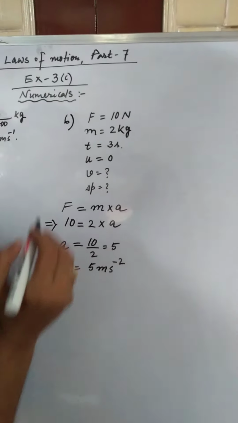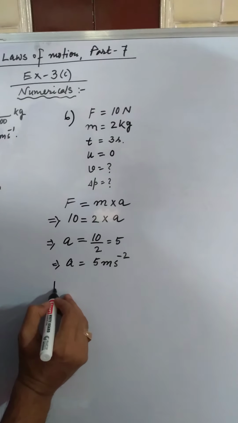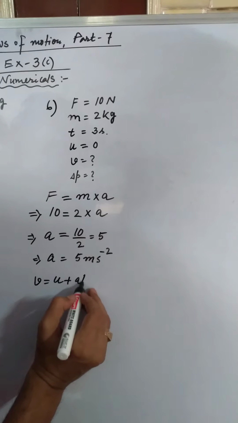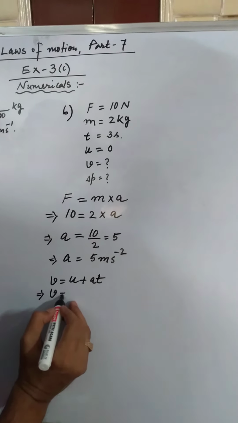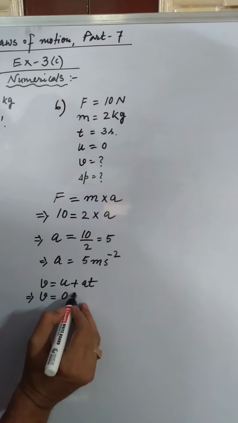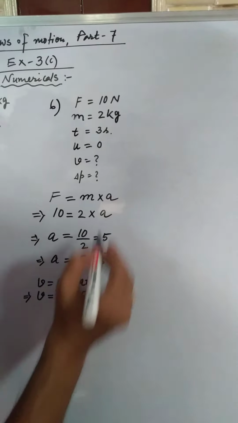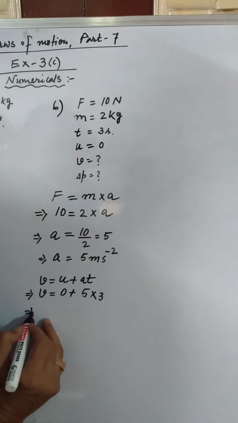Now you have to find out the velocity acquired by the body. You know the relation v is equal to u plus a t. Initially the body is at rest, u equal to 0, a equal to 5 meter per second square, and the time duration is 3.